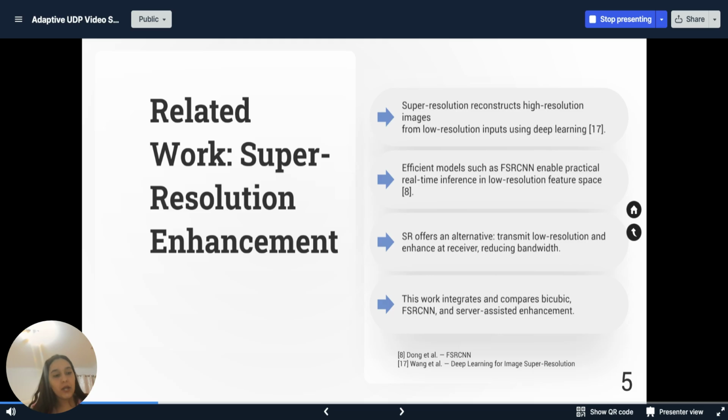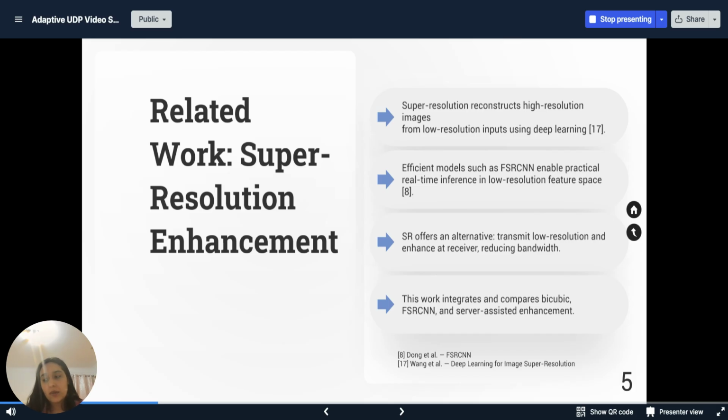Then we looked at how to enhance the lower resolution frames that we're trying to send. So how are we doing that? We looked at super resolution enhancement, which was discussed by a lot of other authors, and Dong et al. explored the fast super resolution CNN, which reconstructs high quality resolution frames from low resolution inputs.